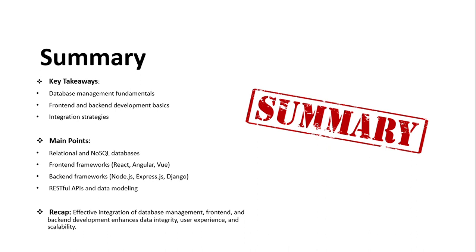You understand that there are two types of database management systems: relational databases and non-relational databases. We also looked at the front end frameworks React, Angular, Vue, etc., and back-end frameworks Node.js, Express.js, Django, and we talked briefly on RESTful APIs and data modeling.